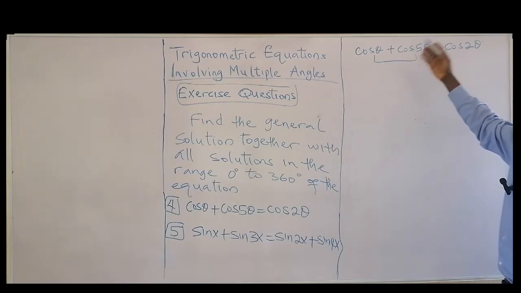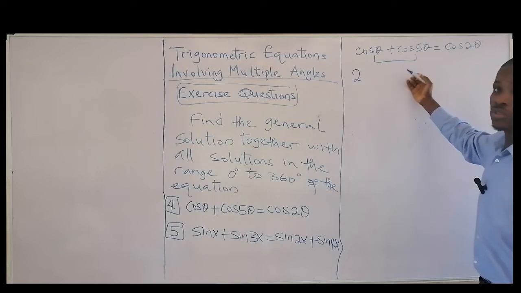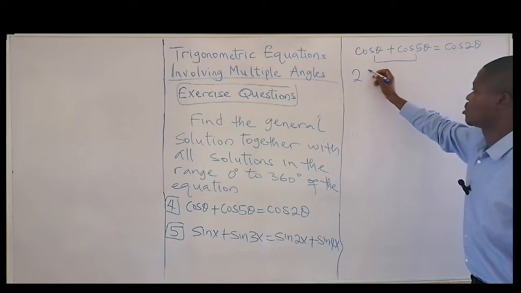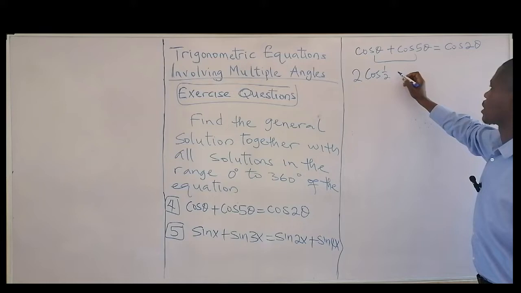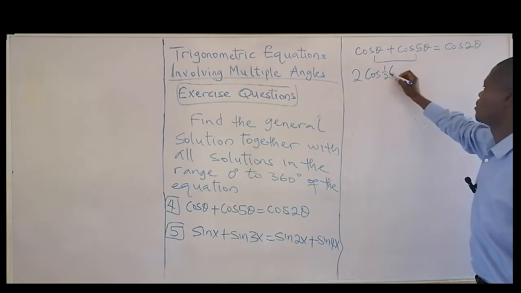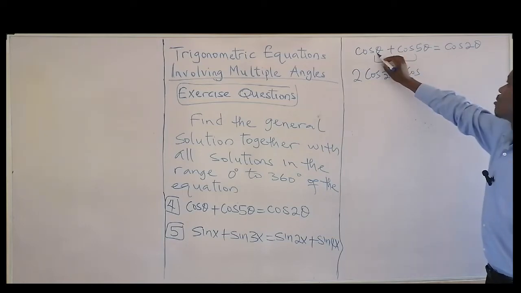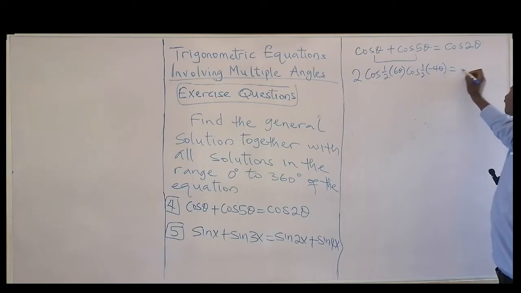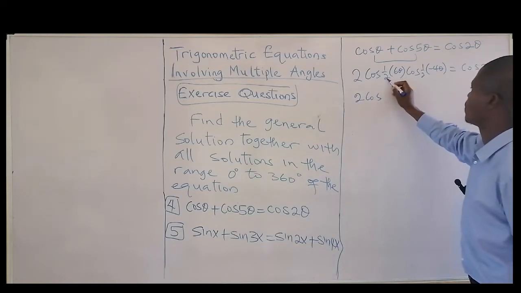When you have additions of cosine, it's going to be the product of cosine: 2 cos half into brackets theta plus 5 theta, that's 6 theta, then cos half of theta minus 5 theta, that's minus 4 theta, equal to cos 2 theta.